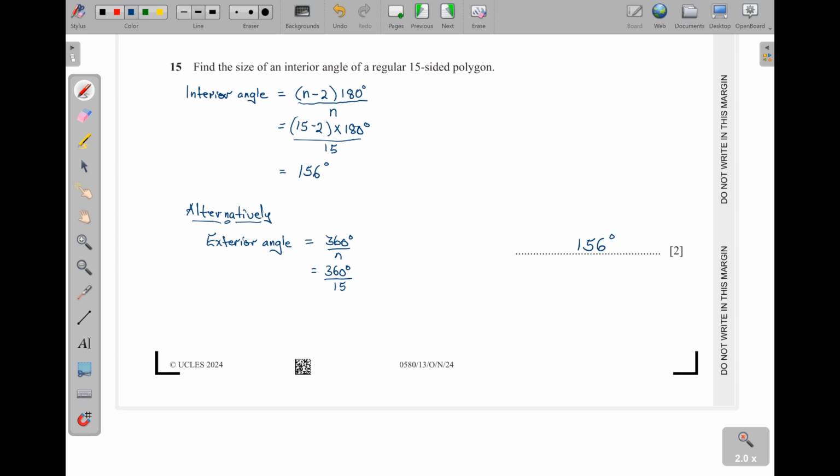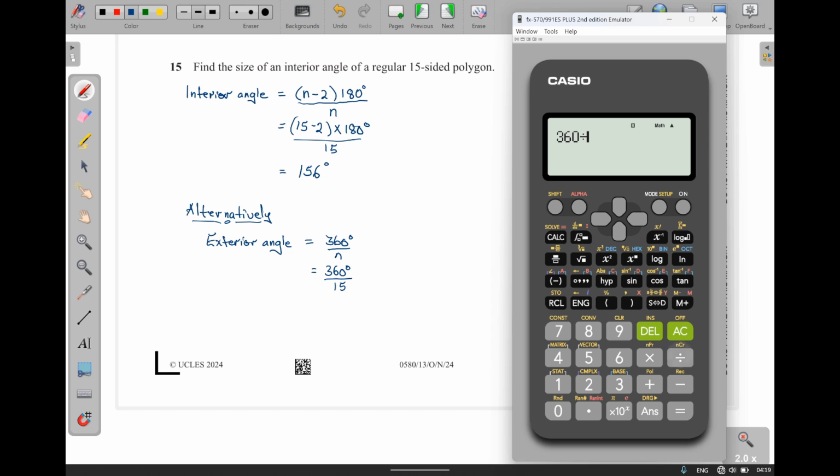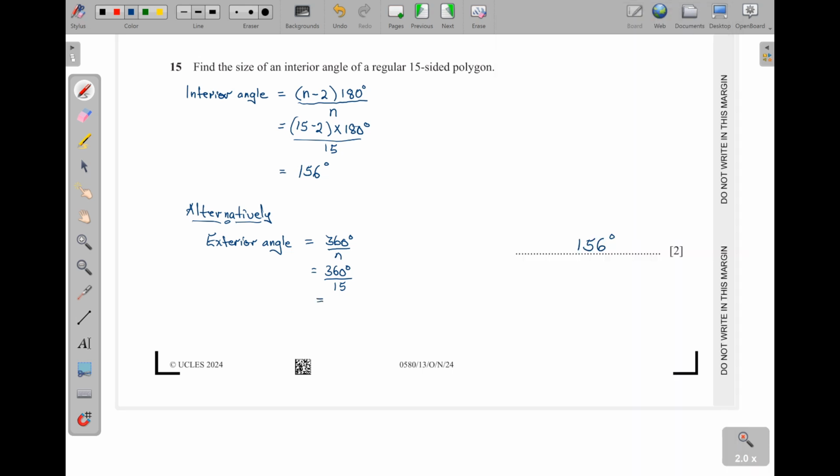What do we get? 360 divided by 15 gives us 24. After getting 24, the interior angle is equal to 180 degrees minus the exterior angle, because these two add up to 180. They lie on a straight line.